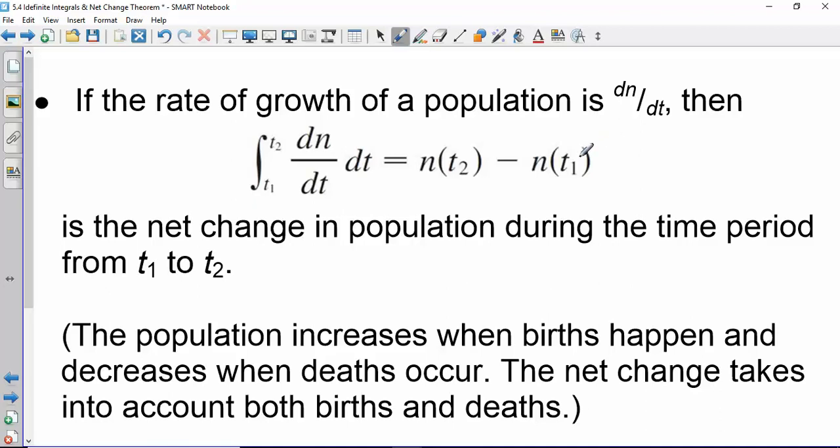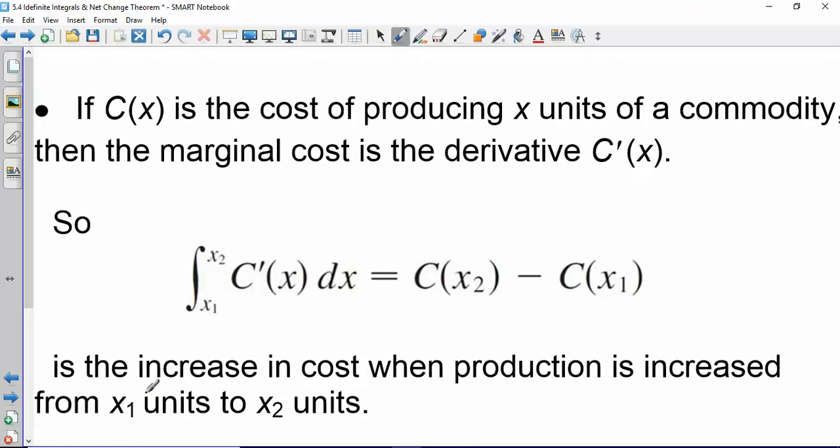How many people have we gained or lost in that amount of time? We've talked about marginal cost and cost a lot. So the derivative is the marginal cost. Then the antiderivative would tell you the actual change in the cost. Not how the cost is changing at a particular point in time, but the actual change between 2 points in time. Do you guys see the difference there?